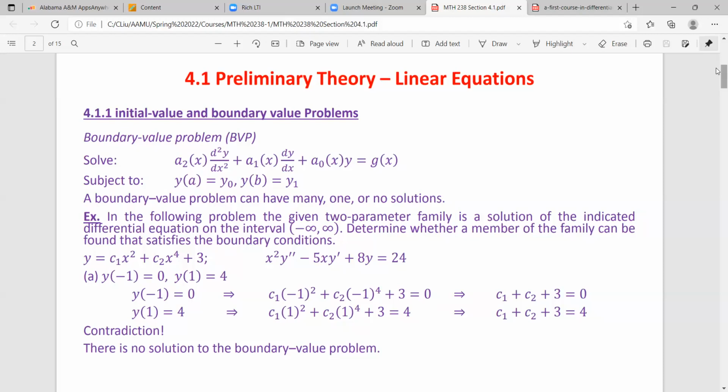If you plug this function y into the differential equation, you will see the equation holds. You can easily verify this solution by plugging y in, taking the derivative and the second derivative, and then plugging everything into the equation.